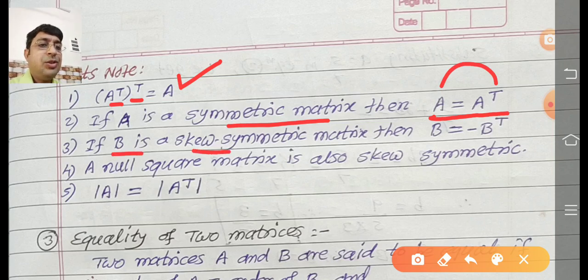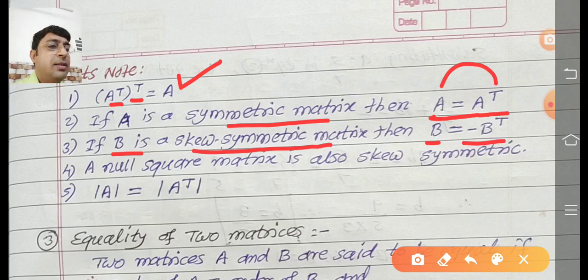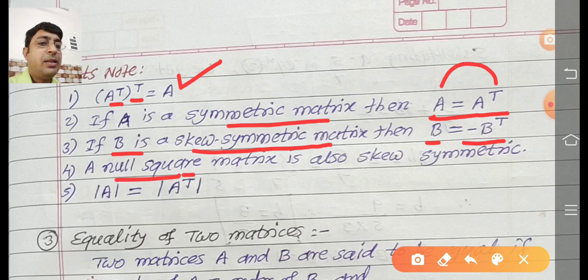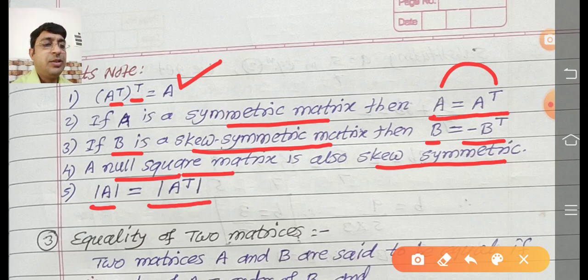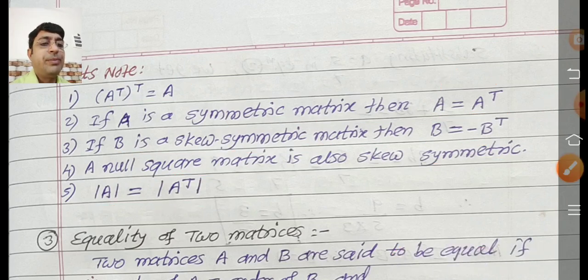If B is a skew symmetric matrix, then the original matrix B is equal to minus the transpose of matrix B. A null square matrix is also a skew symmetric matrix, and the determinant of A is equal to the same value as the determinant of A transpose. So remember these notes.